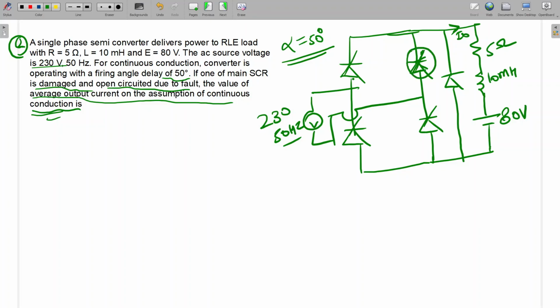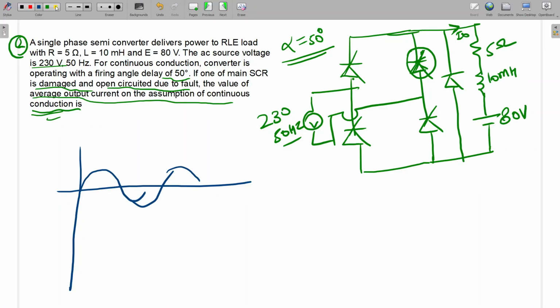So what will be the output voltage waveform that I am going to draw? This is the source voltage. At alpha we are firing T1, T2. So from alpha, voltage will appear here, and since one of the thyristors is gone, reverse voltage will not appear.